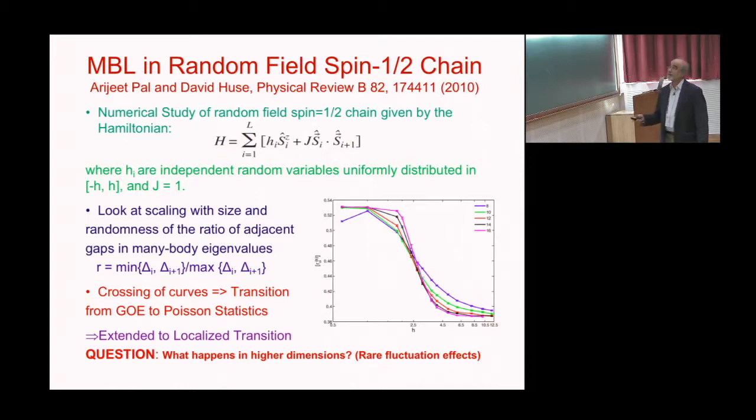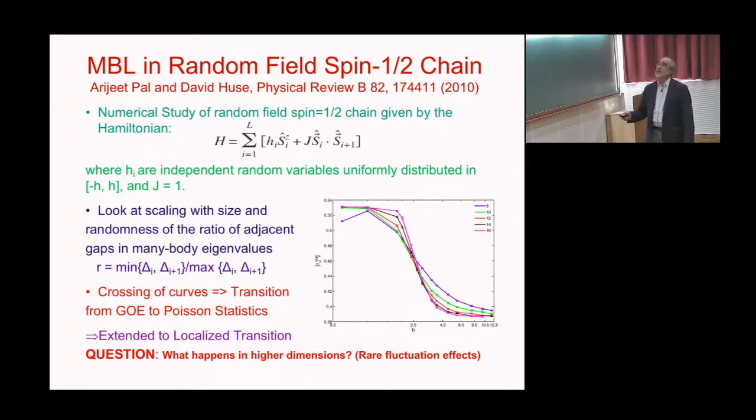What they saw, for all the sizes that they could do, was that for small h they got GOE values, with sample averaging, of course. And for large disorder, they found Poisson statistics. All these curves seem to cross at roughly some value of h, suggesting that there was a transition from an extended state to a localized state.